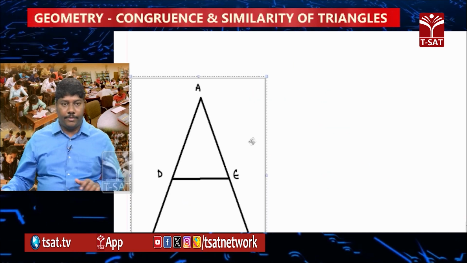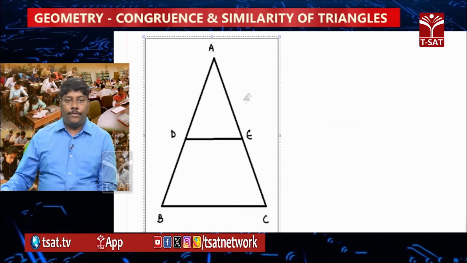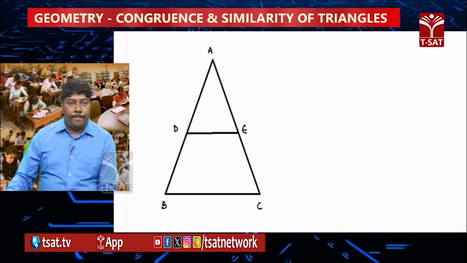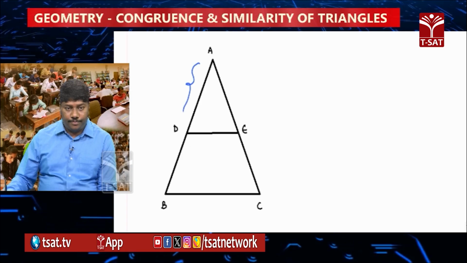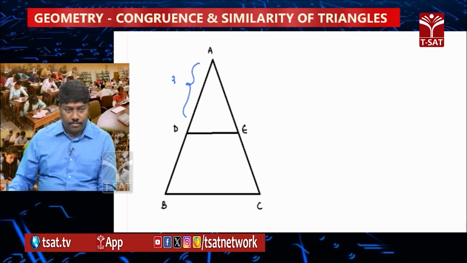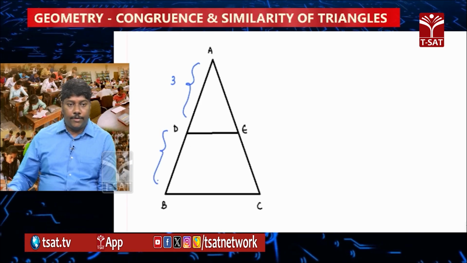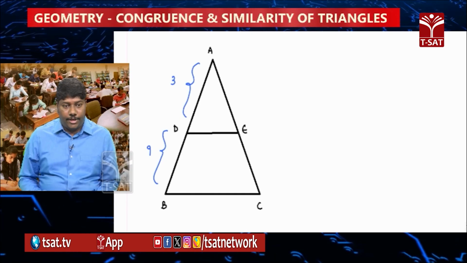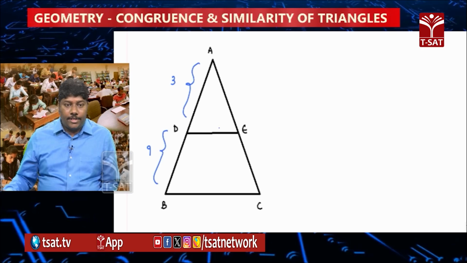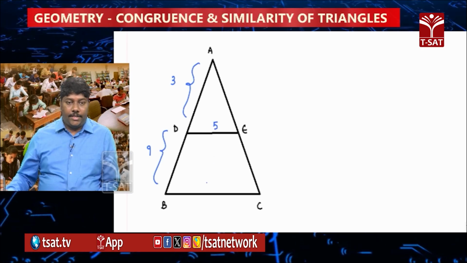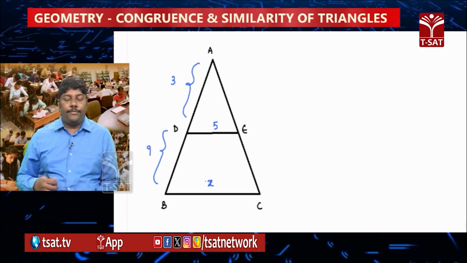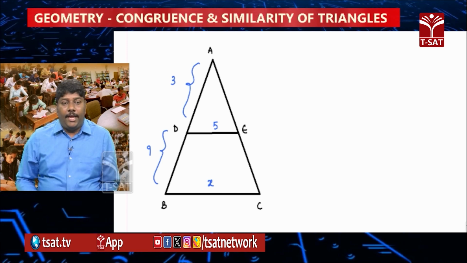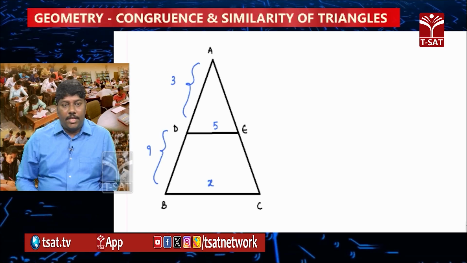Now, one thing you have to carefully observe is, if I say AD is equal to 3, DB is equal to 9. AD is equal to 3, DB is equal to 9. If DE is equal to 5, BC is equal to how much? I am asking you to find the value of x. Look here, AD becoming DB, 3 becomes 9.